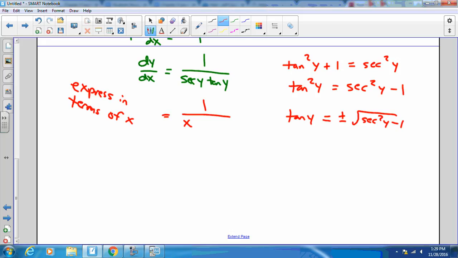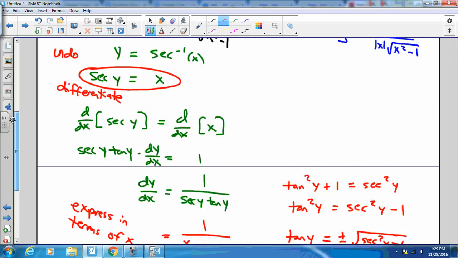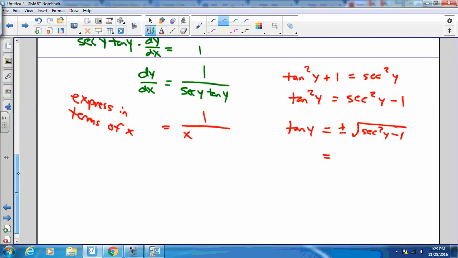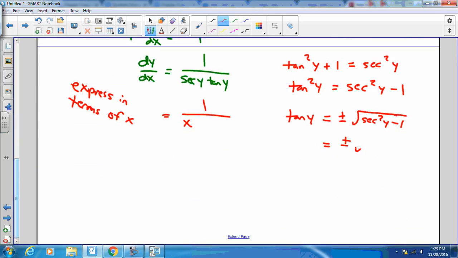So that tan y is equal to either plus or minus the square root of secant squared y minus 1. Now, a few things have to happen. First of all, I need to again observe that secant y is x. So this is the same as plus or minus the square root of x squared minus 1.